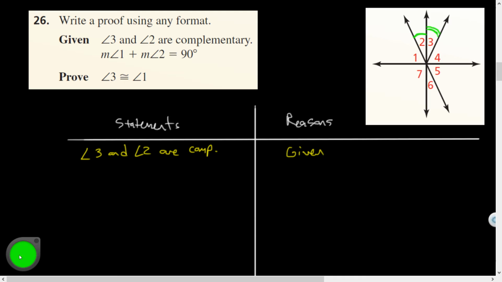I also know that the measure of angle 1 plus the measure of angle 2 equals 90 degrees. That was given to me. So if I know that these measures add up to 90, I can make the claim that angle 1 and angle 2, the angles, not the measures, are complementary.